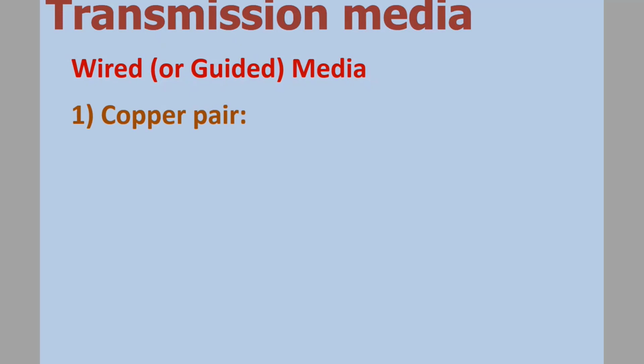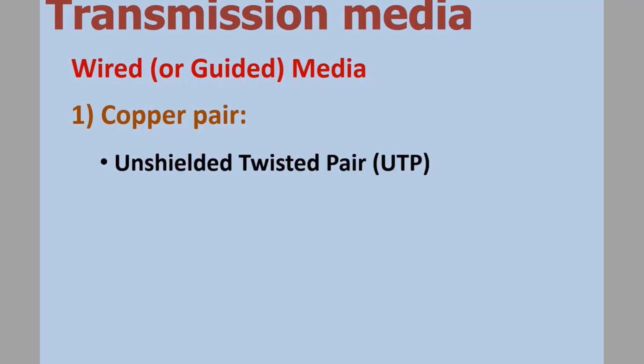So guided or wired media, one is copper pair. The cable is made up of copper, so that is called copper pair. Copper pair is divided, and then unshielded twisted pair, UTP. One example is this one. I will suggest you search those terms on Google and see what kind of cables those are.